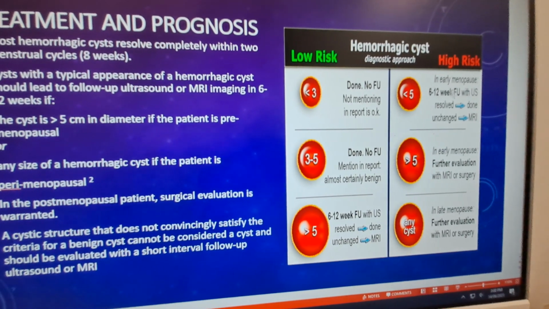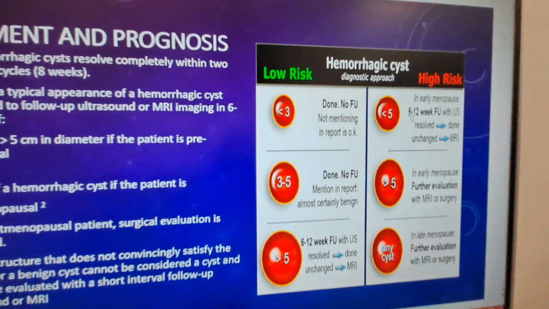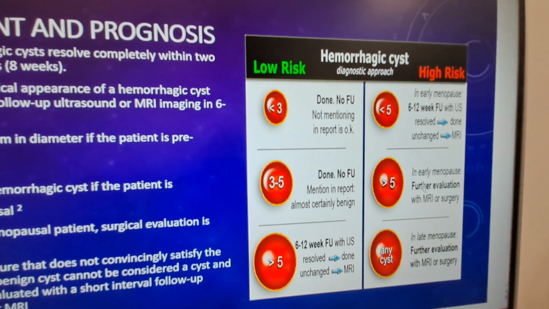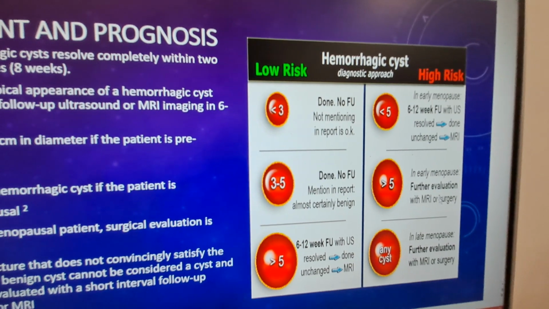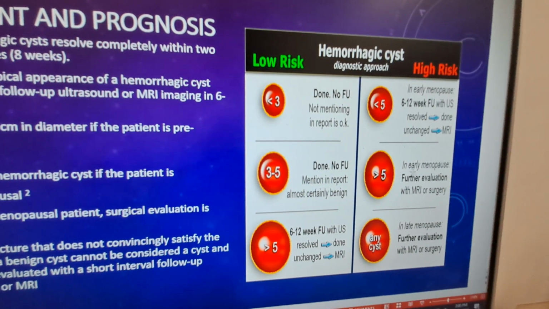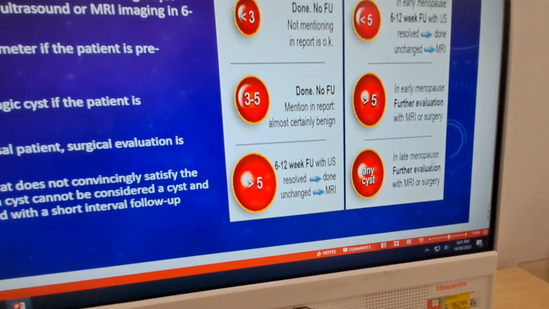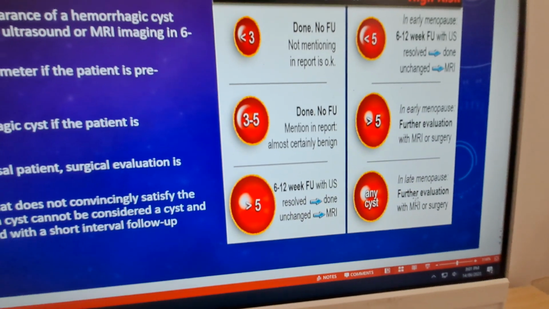But in high risk, the early menopausal women who have a cyst even less than 5, you have to do MRI to exclude solid masses or ovarian cancer cysts or other problems related to the ovaries. MRI is also done further for early menopause if the cyst is more than 5. Any cyst within menopause, you can do surgery or the MRI, you have to do it.